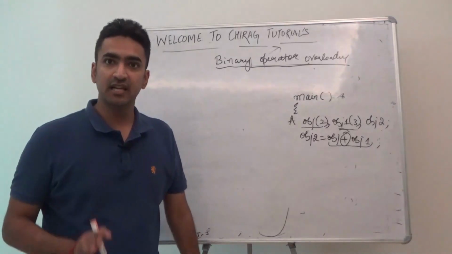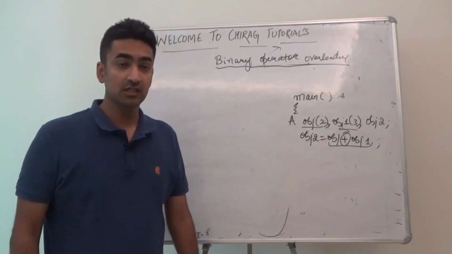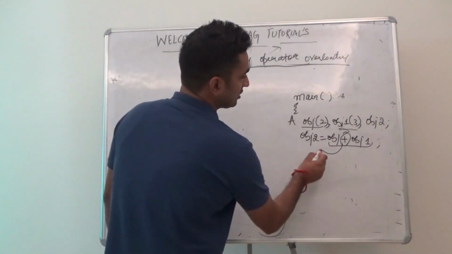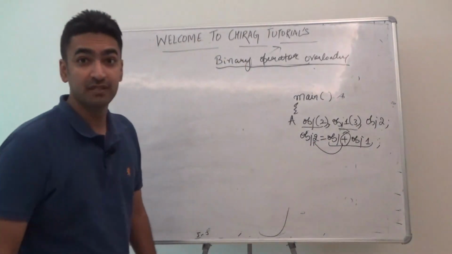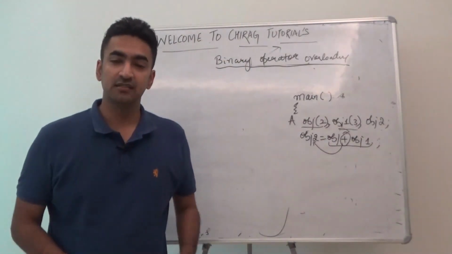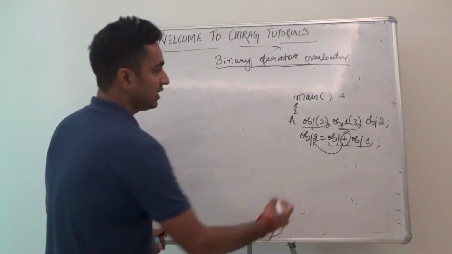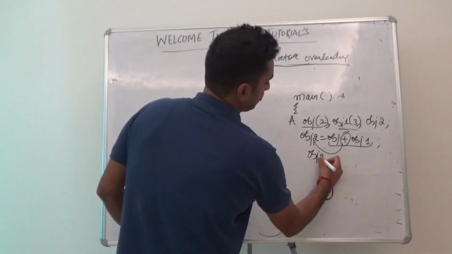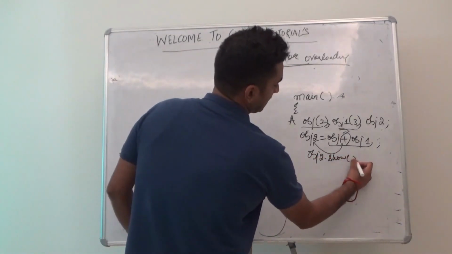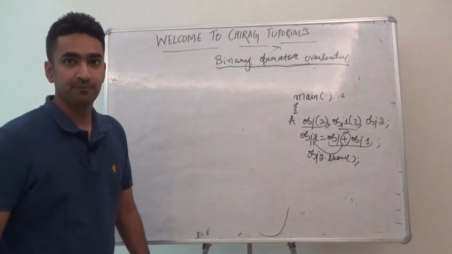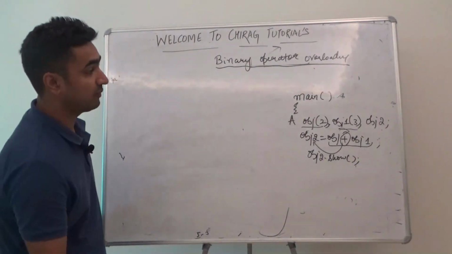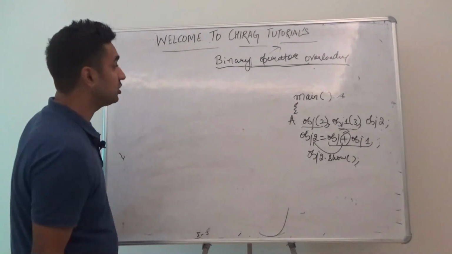Directly they cannot be added, they have to be added with operator function, and the result is stored in obj2. So it means obj2 will get the results of obj and obj1, and I'm just writing obj2 dot show to basically implement this part. So how this whole operation can work.